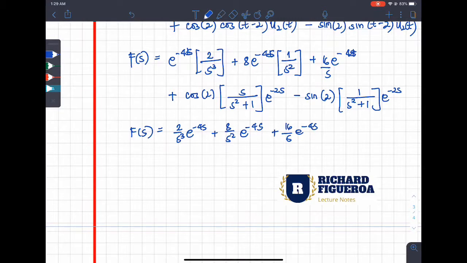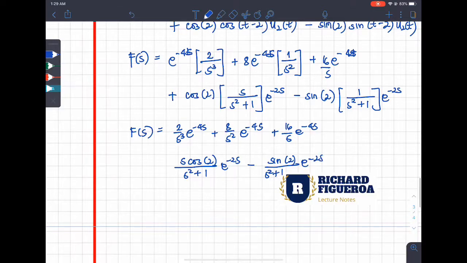And in here, we could combine the s cosine 2 all over s squared plus 1 e raised to negative 2s, and then minus sine 2 over s squared plus 1 e raised to negative 2s.